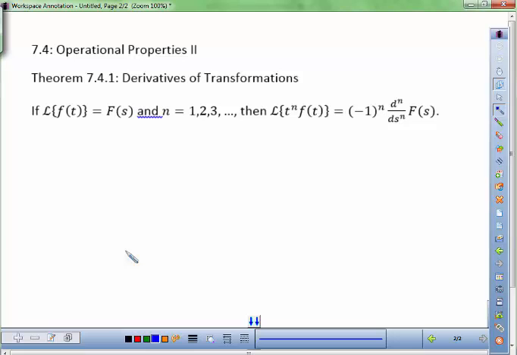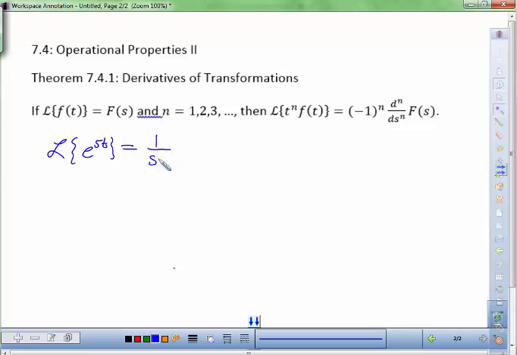So what are some of the transformations that we know? e to the 5t. What does e to the 5t transform to? So we know this transformation, right?